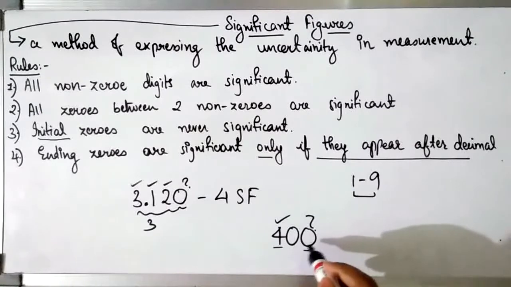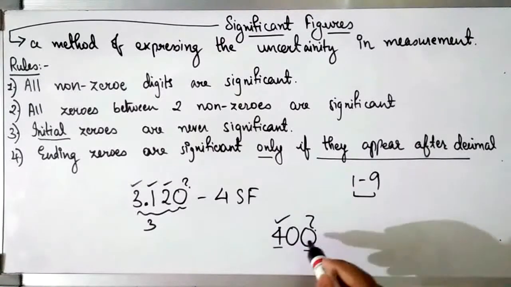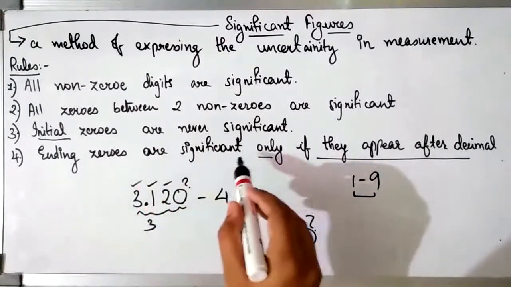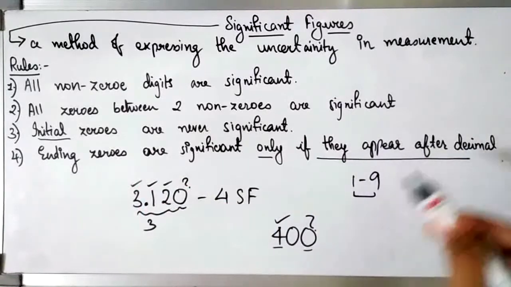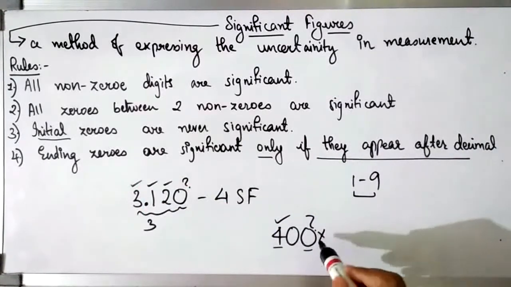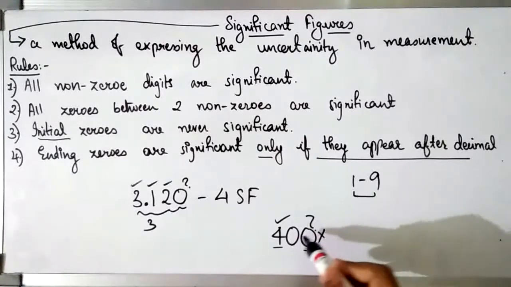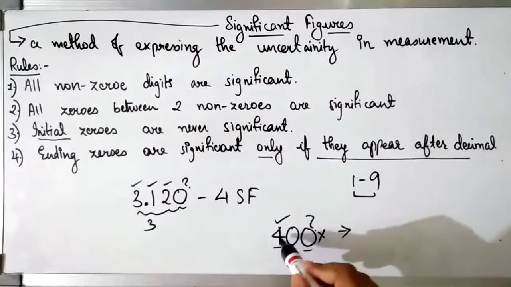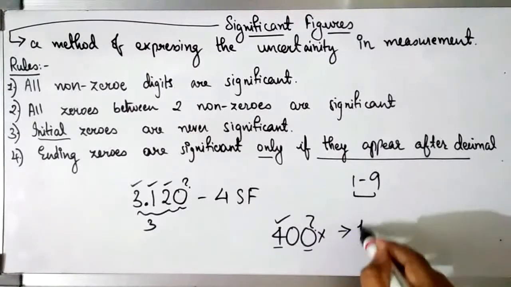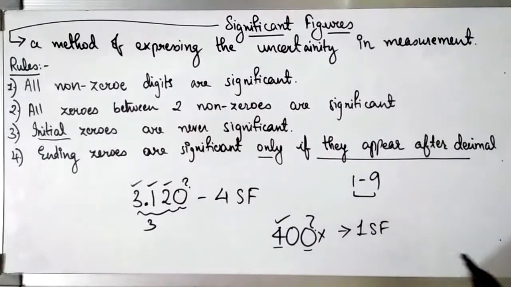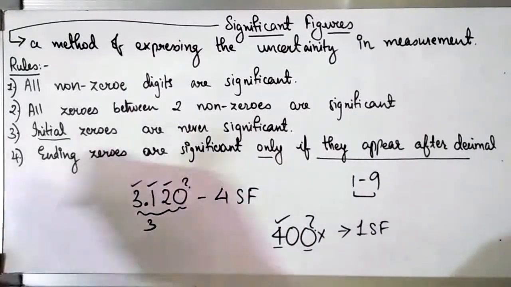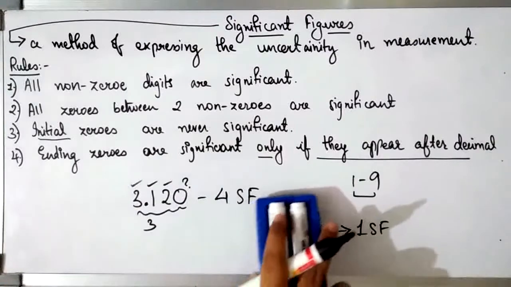But you can see that there is no decimal point over here, and ending zeros are only significant if they appear after the decimal. So this 0 cannot be considered as significant because, though it is ending, it is not appearing after the decimal. So we have only one significant figure, that is 4 in this. So the fourth condition says that ending zeros are significant only if they appear after the decimal.